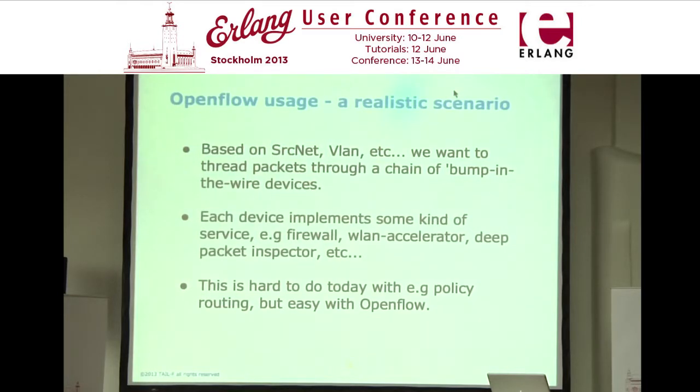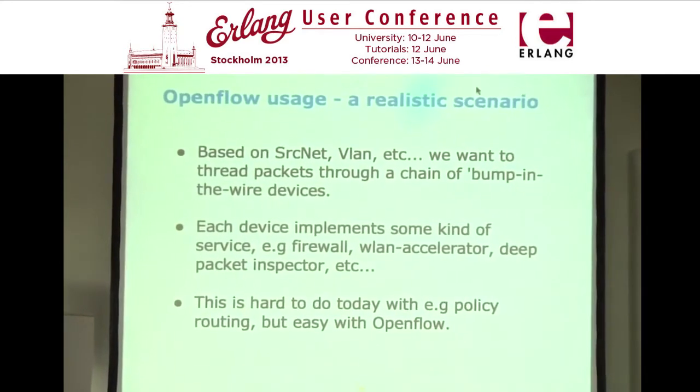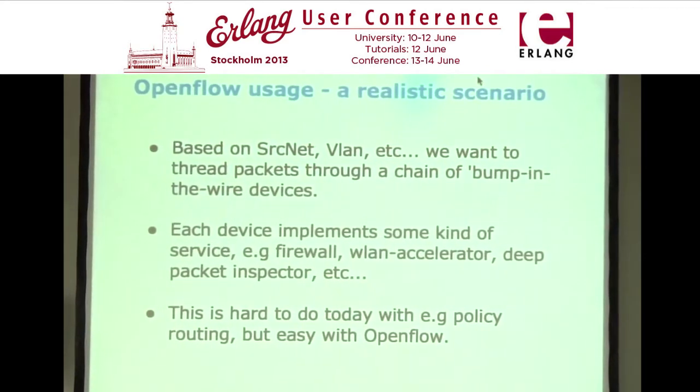So the idea is that you have a number of devices: firewalls, VLAN accelerators, deep packet inspectors, intrusion detection, whatever, and so-called bump in the wire devices, so that you put the wire in one end and then the wire goes out the other end, and you send the layer 2 traffic through and the device does things for you. Each of those devices implements some kind of service, a firewall service or a VLAN accelerator.